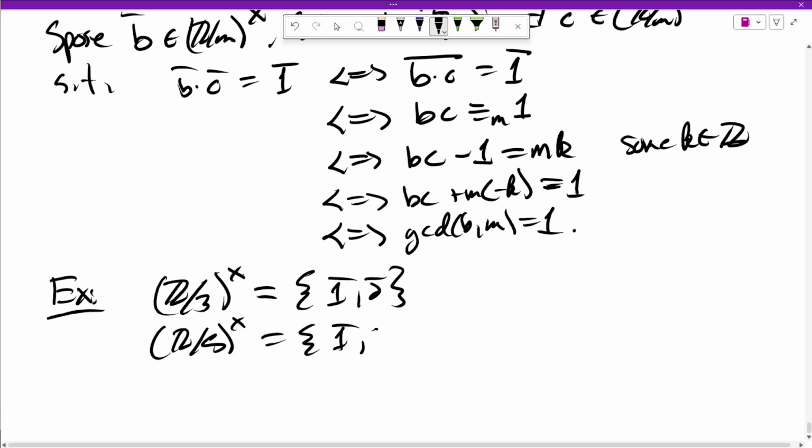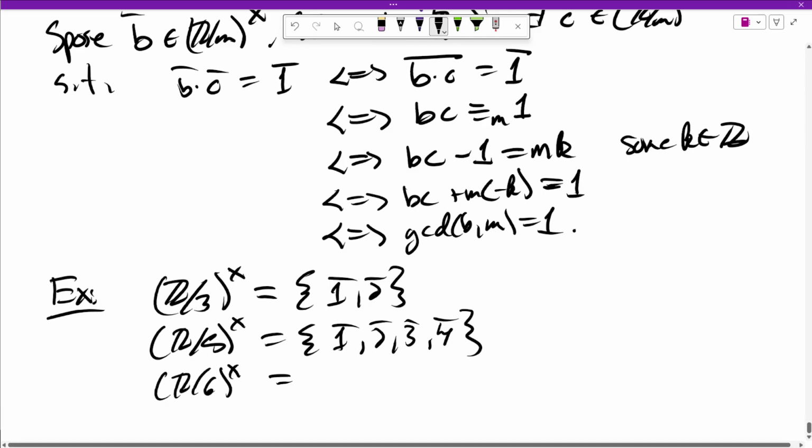It should be 1, 2, 3, 4, because every nonzero element is coprime to 5, because 5 is prime. And in Z mod 6, it's actually not a lot. It's just 1 and 5, because 2, 3, and 4 all have something in common with 6. And you can keep filling this out. So we have some information about units here.